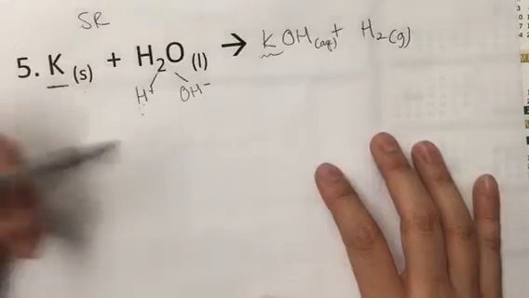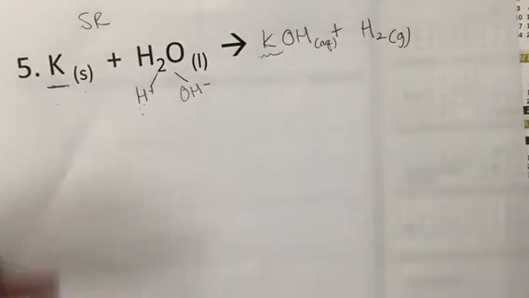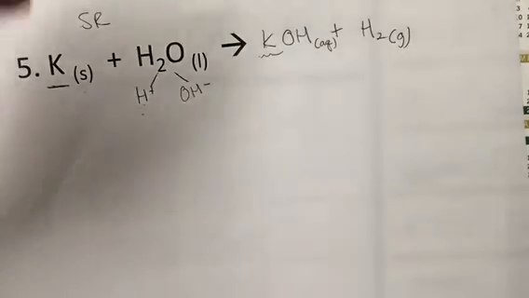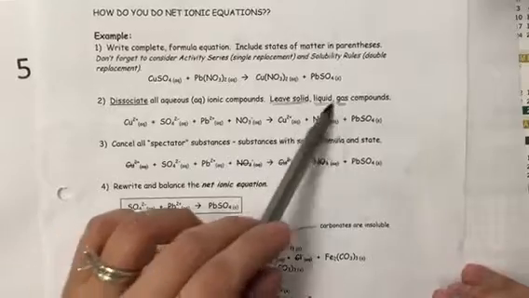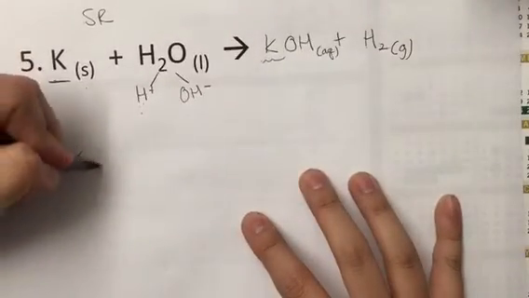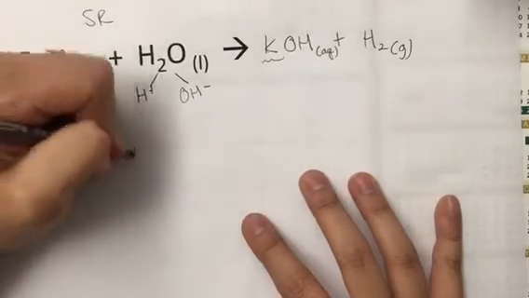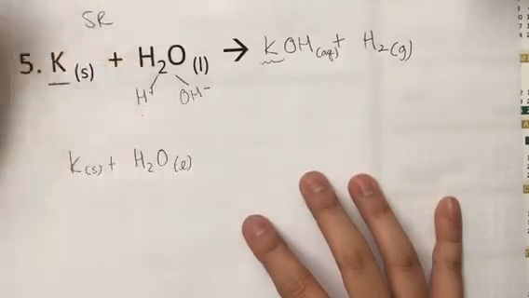So how would I write this in net ionic equation? Going back to our rules, I told you guys to leave solid, liquid, and gas compounds alone. So let's leave it alone. So I'm just going to bring down the potassium, and I'm going to just bring down the water, just leave it alone.